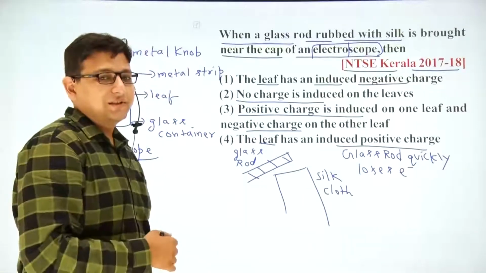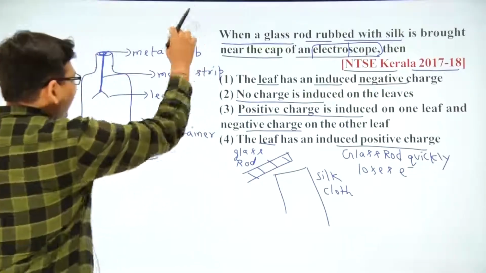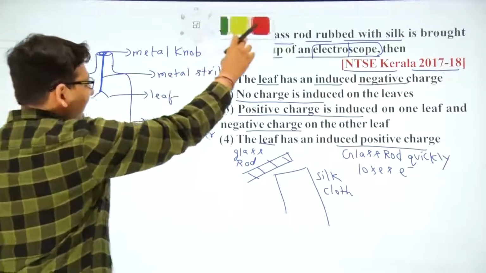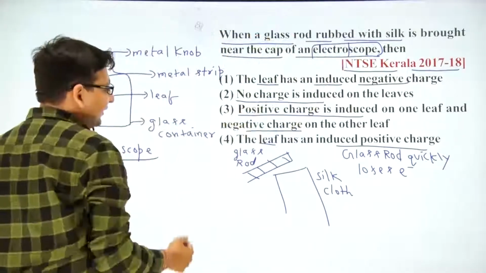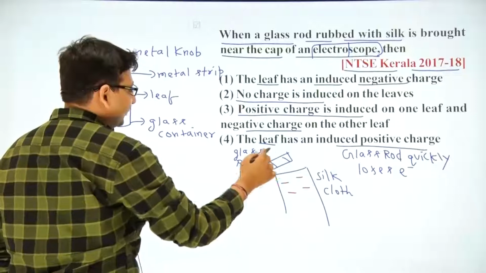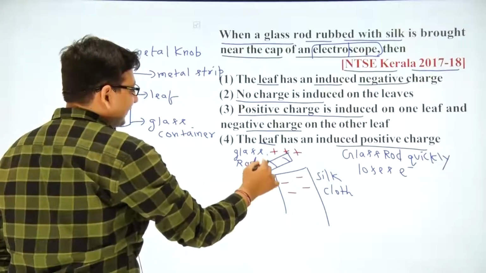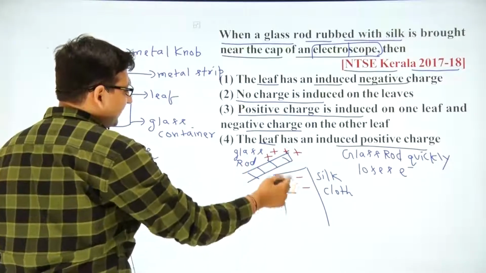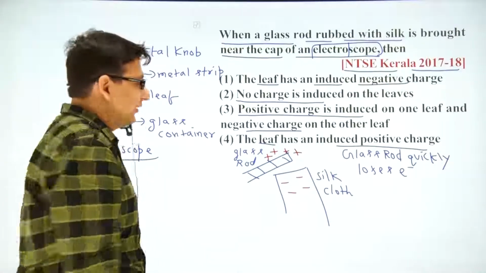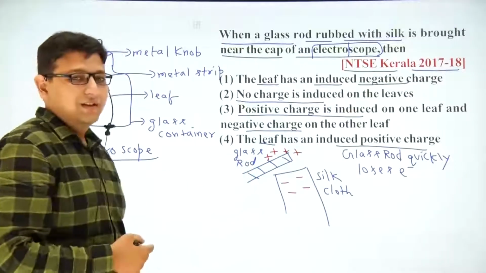As electrons are lost, the silk cloth gains electrons, so there will be negative charge on the silk cloth and positive charge on the glass rod, such that equal positive and negative charges balance. Why? Because initially they were neutral.